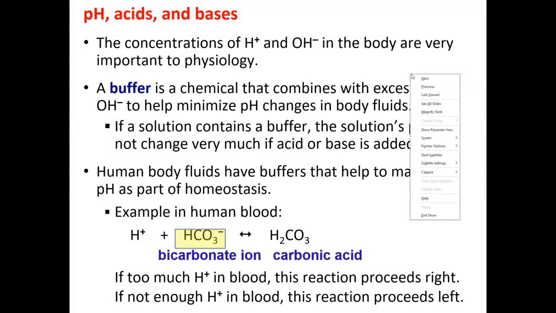Acidic or basic? Baking soda. It's basic. Match it up with the chart there. So it's above 7, right? So it's basic. Baking soda is a base.